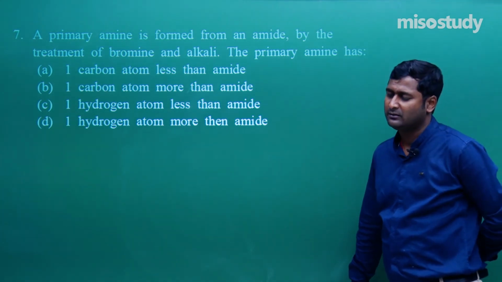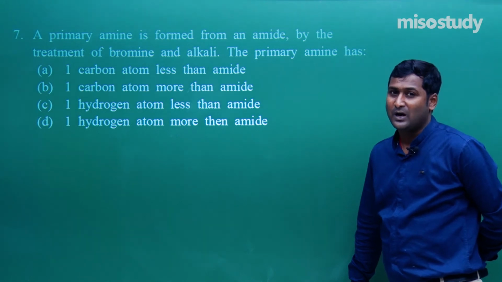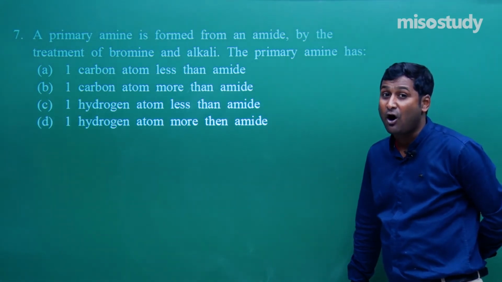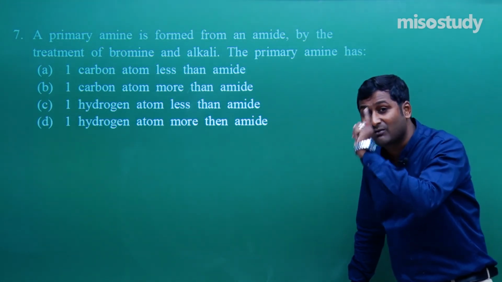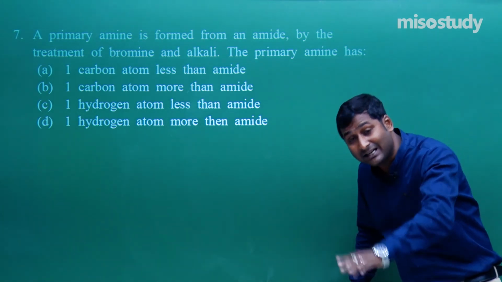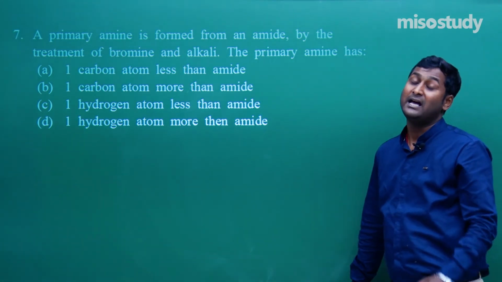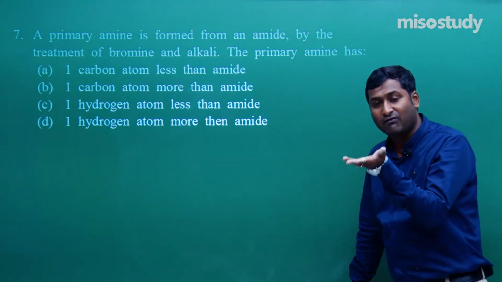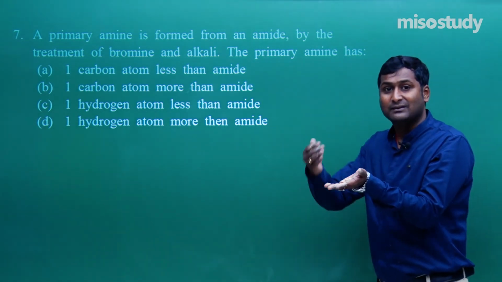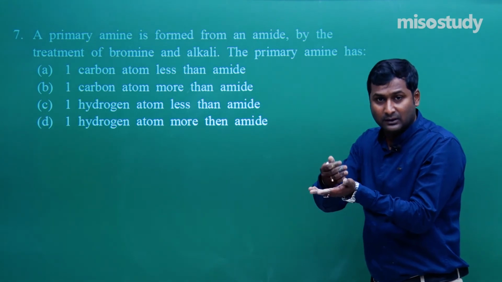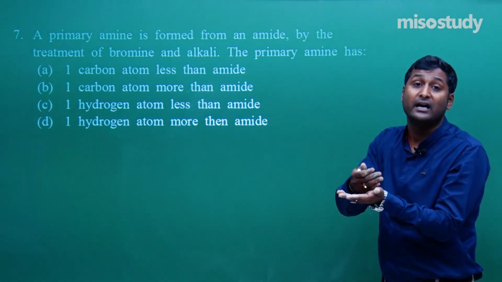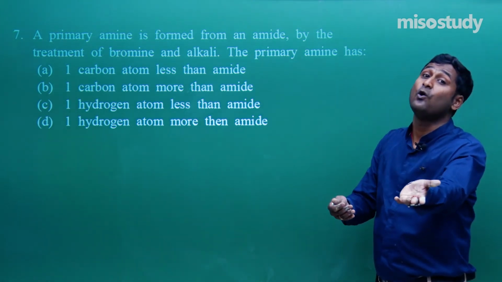Am I right? No sir, you are completely wrong. Not 1 carbon more, 1 carbon less than the particular amide. If the amide contains 5 carbons, then the amine will contain 1 carbon less, that is 4 carbons.